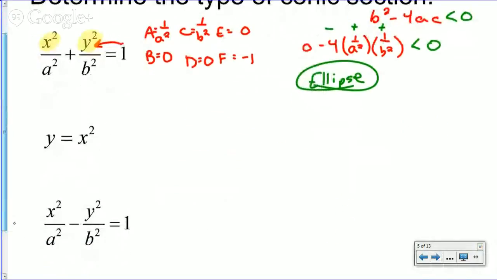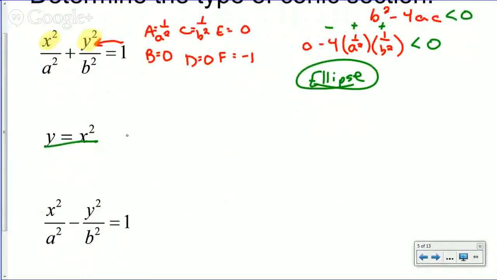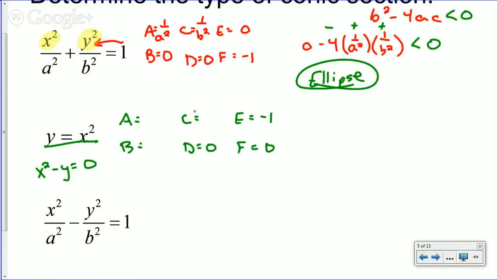Now this one you should know just by looking at it that it's a parabola. But let's use this discriminant here to see that. So A, B, C, D, E, and F. Again, it's got to be equal to 0, so we subtract y. So my constant is 0, my y is negative 1, my x is 0, my y squared is 0, my xy is 0, and my x squared is 1.